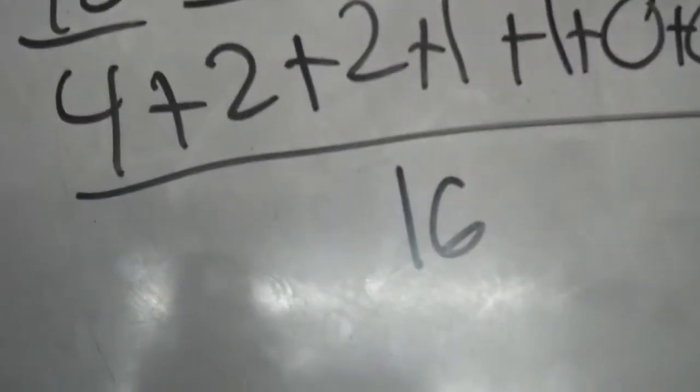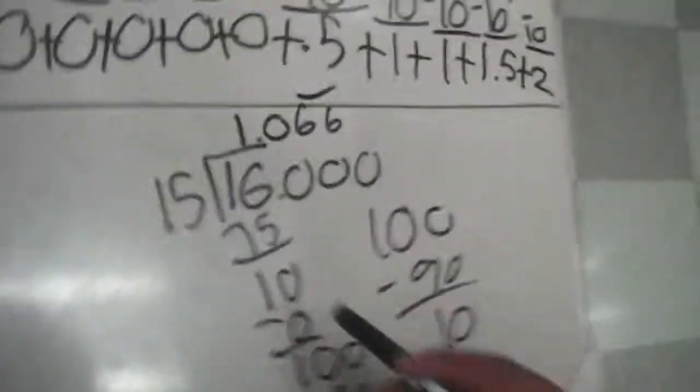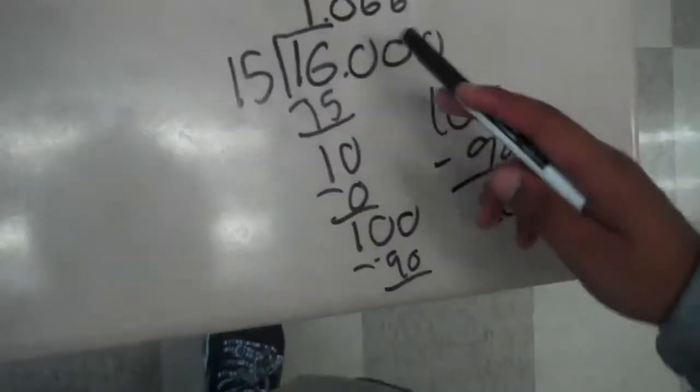Okay, 16. What you do is you divide 16 by 15, which is the amount of data terms in the set. Okay? So, when you do that, 15 goes into 16 one time. Subtract that, that'll equal 1. Bring down a 0. 15 goes into 10 0 times.